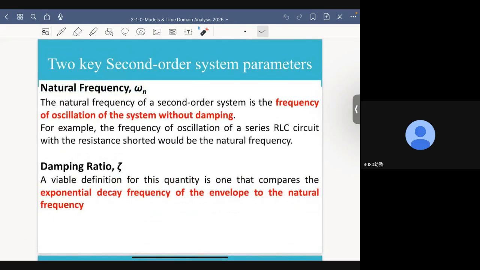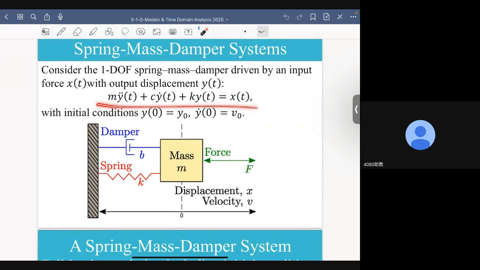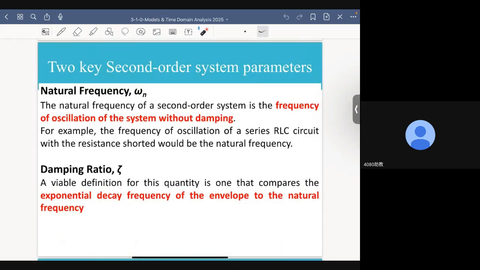Since we are dealing with second order systems, at first glance you see that a spring mass damper system has 3 parameters, M, C, and K. But if you dig deeper, you will find that for a second order system, there are essentially only 2 key parameters, which we saw before.